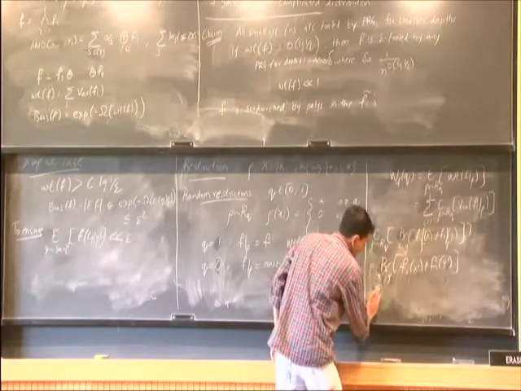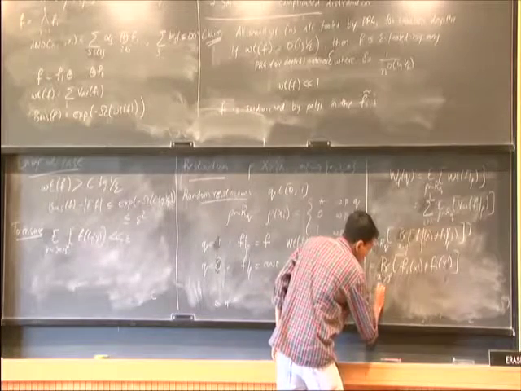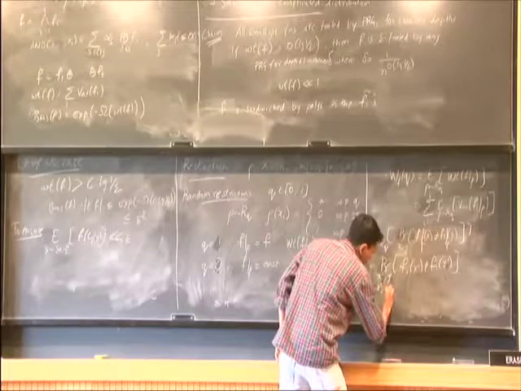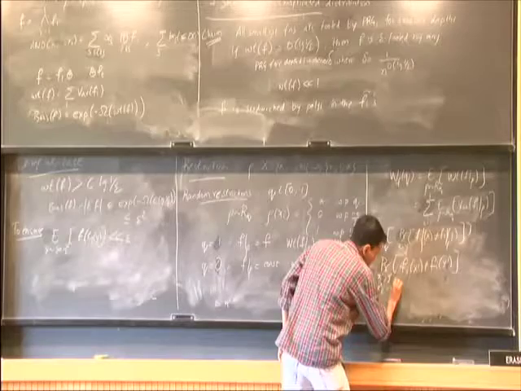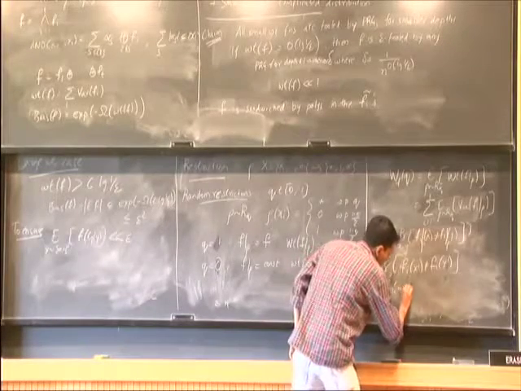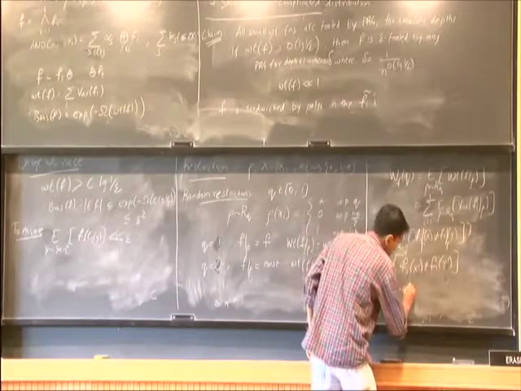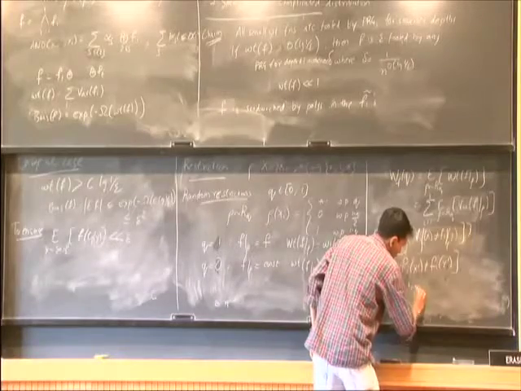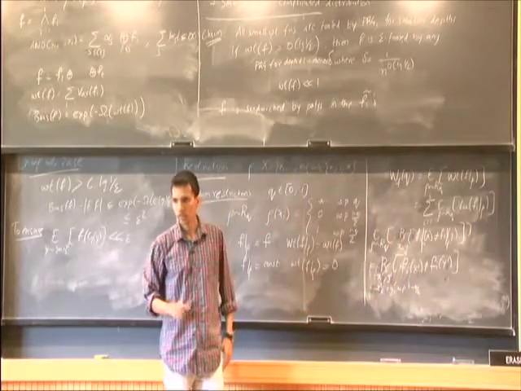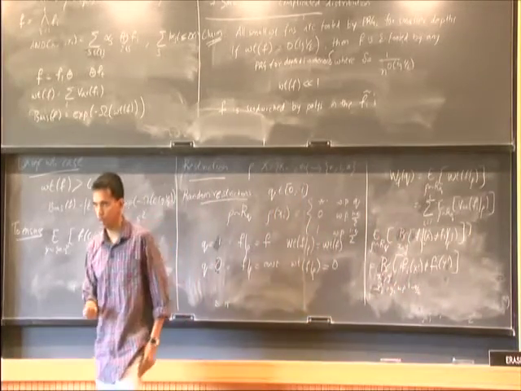So I'm choosing x prime and y prime so that x prime i equals y prime i with probability 1 minus q plus q over 2, so 1 minus q over 2, and they're not equal with probability q over 2.